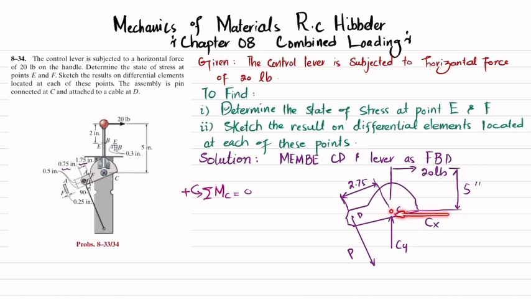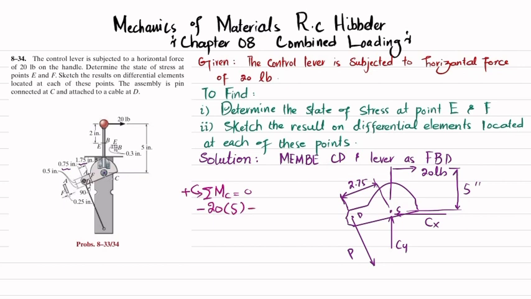Because these two reaction forces pass through point C and produce no moment, so only this force and the 20-pound force produce moment. The first moment is 20 into 5, force 20 and perpendicular distance 5, producing clockwise moment, so it is negative: minus 20 into 5. The other force producing moment is P into the perpendicular distance about point C, and this produces counterclockwise moment, so it is positive.